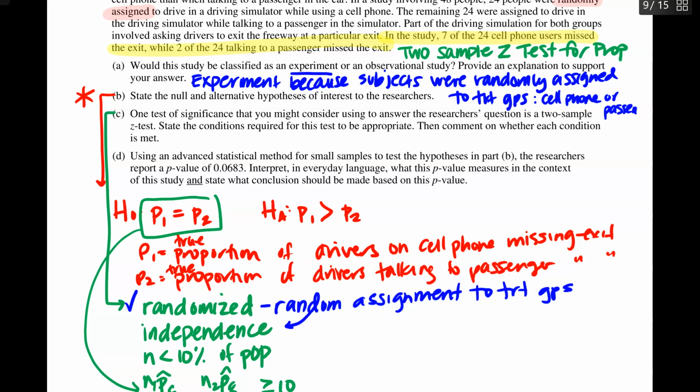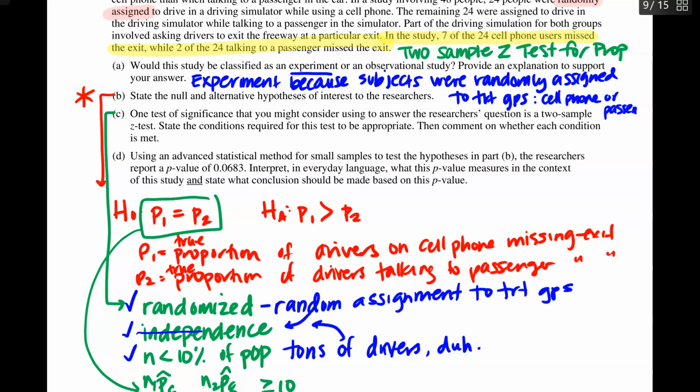We have this random assignment to our treatment groups, and our N is less than 10% of the population. We only have 48 people, so tons of drivers. Check that off. I'll look at the rubric and see if "tons of drivers" is okay as soon as we finish this. But this also gives us independence.